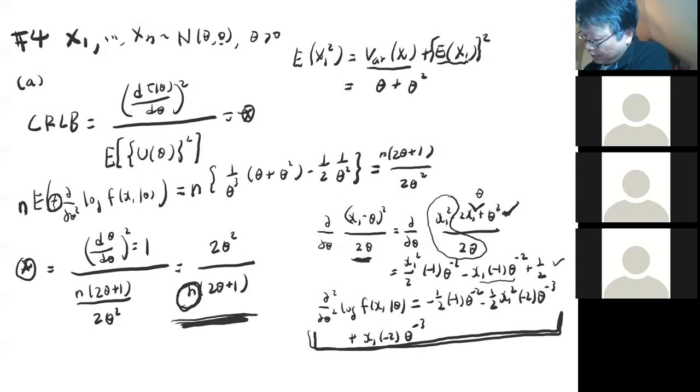Good. Okay. Let me clear out everything. So move to B. Let me see, B is deriving the MLE. I think you guys can handle it, because you do see that we have the score function and then the second derivative, right?